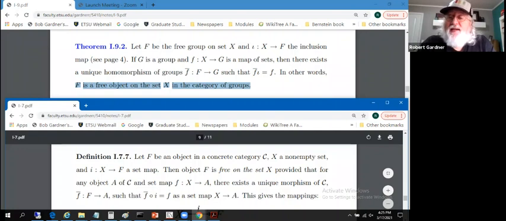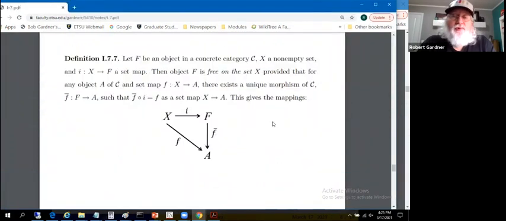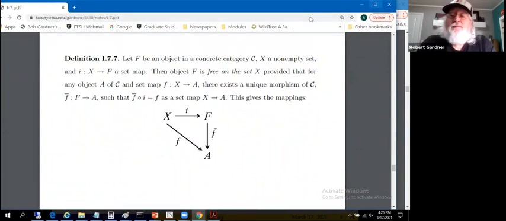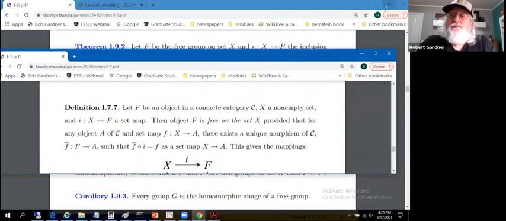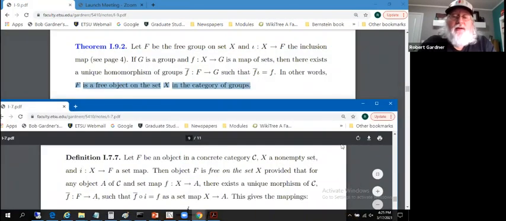We explained it in terms of a commuting diagram back when we were doing that. But let's match the pieces up again.